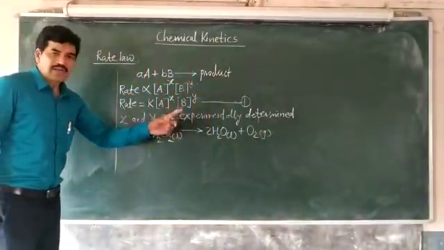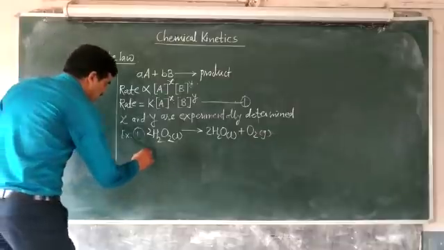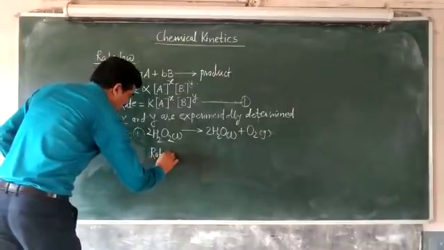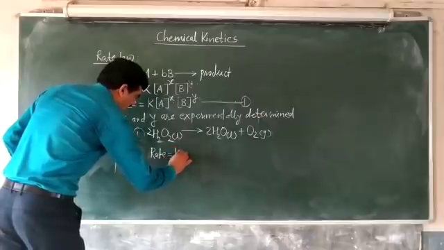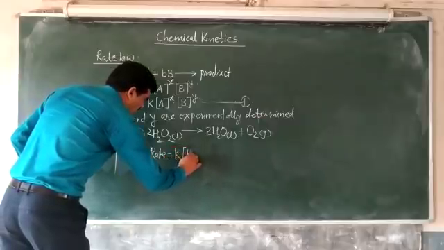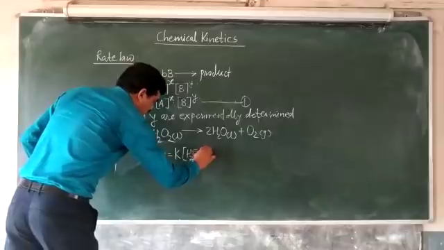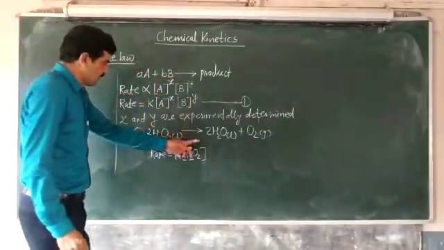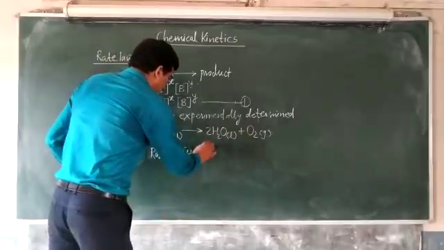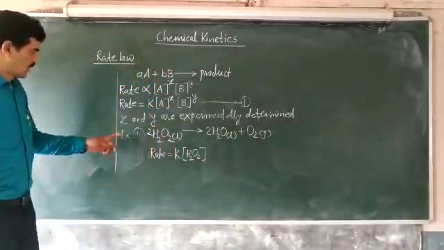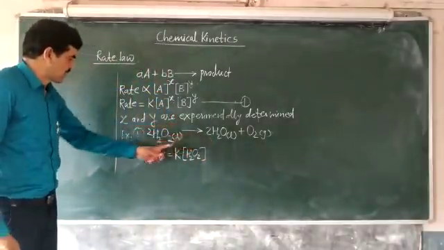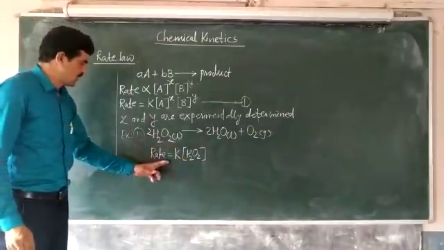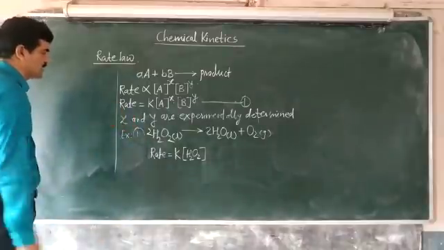Now from the experimental study, it is found that the rate law for the reaction is rate equals k into the molar concentration of H2O2 raised to power 1. So here the exponent is determined from the experimental study, and therefore the rate law is written from the experimental study. This is the experimental rate law for this reaction.